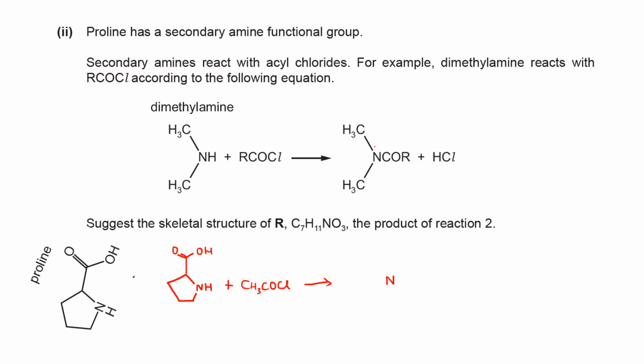But of course, I cannot follow this example exactly because I'm using proline here, not dimethylamine. So I have to copy this whole thing from proline. You can see that in the example given, this N is still bonded to the two CH3. That means this whole part was not involved in the reaction. So let's copy the structure.